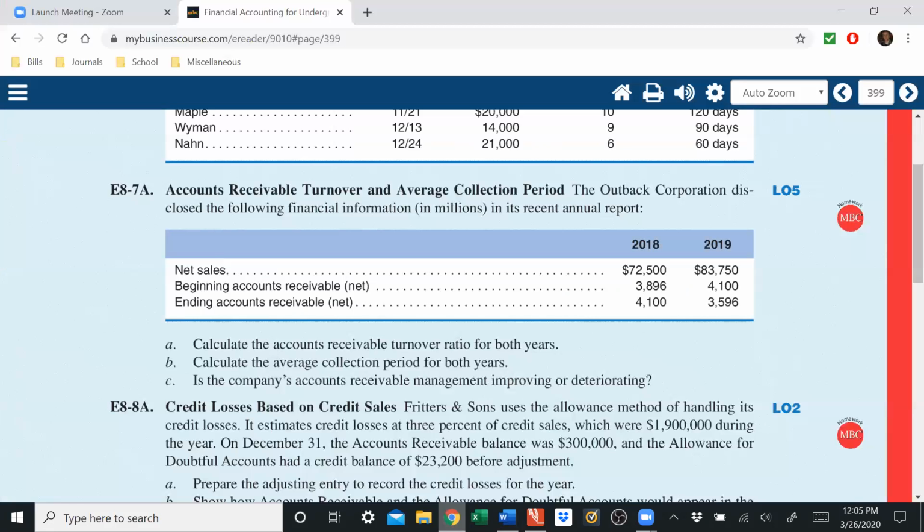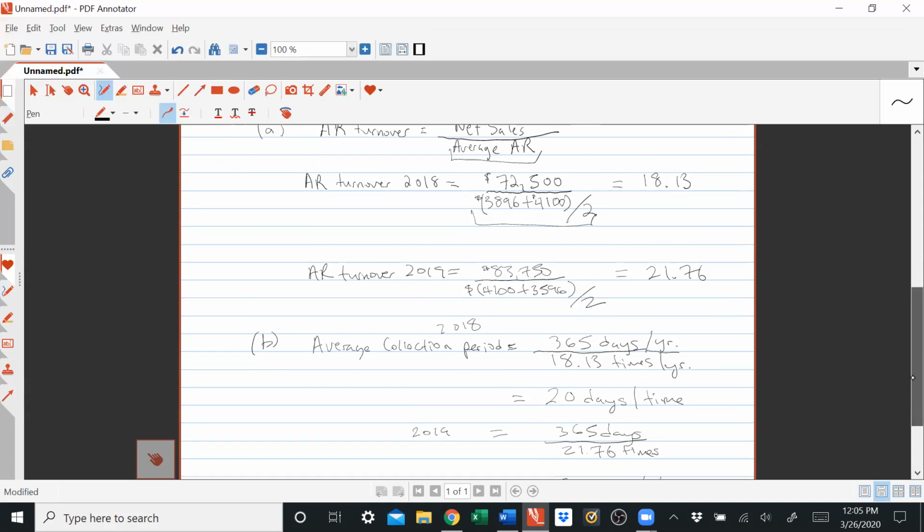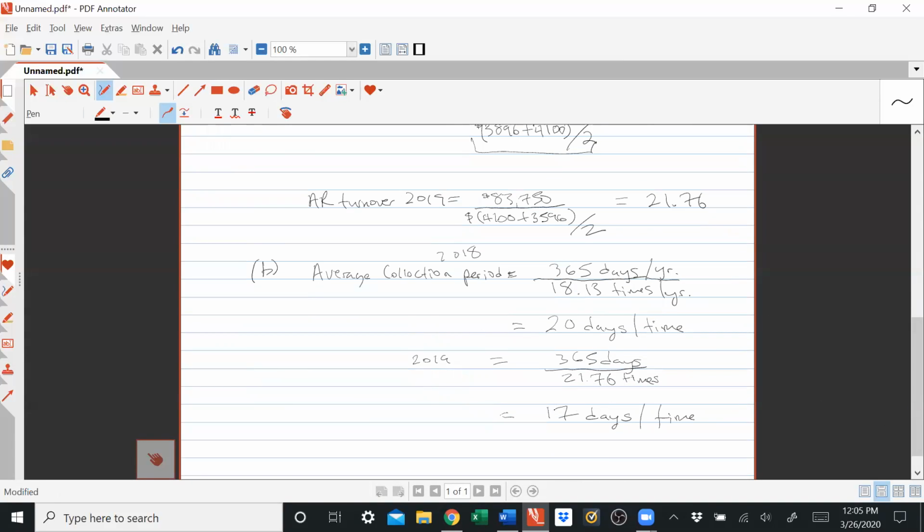Part C, is the company's accounts receivable management improving or deteriorating? I would say it's improving. In 2019, they turned over their accounts receivable 3 more times, or approximately 4 more times than they did in 2018, which means that since 2019 and 2018 both have 365 days, the numerator stays fixed, the denominator is getting bigger, which means in 2019, it takes them 3 days less than it does in 2018 to turn over their accounts receivable.